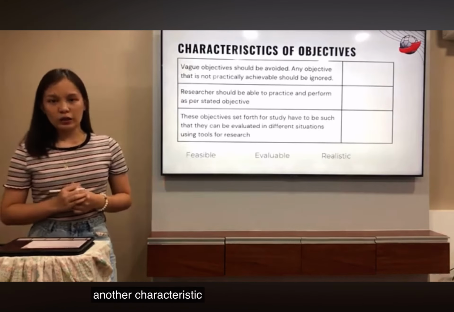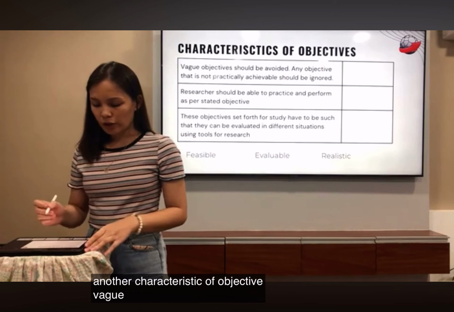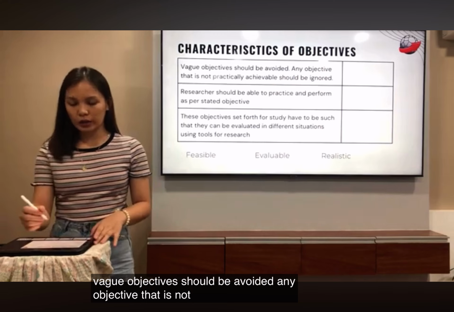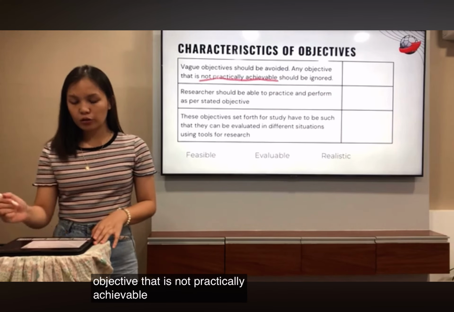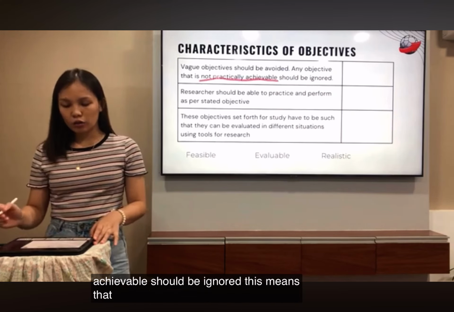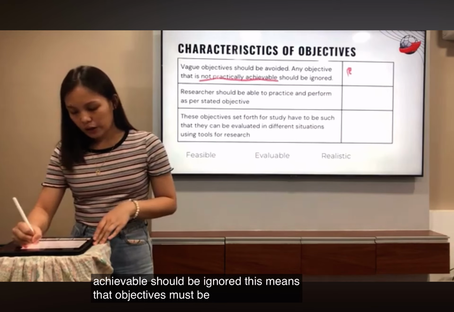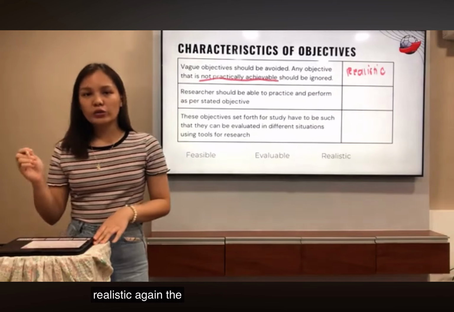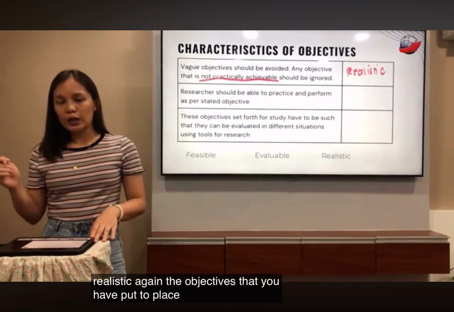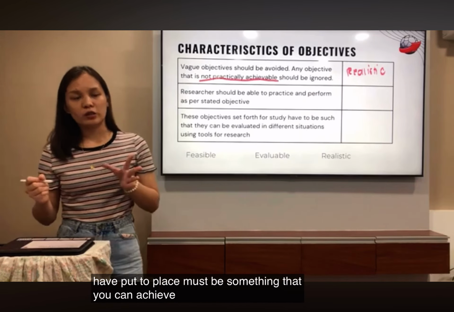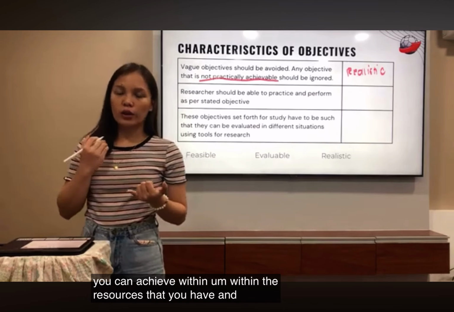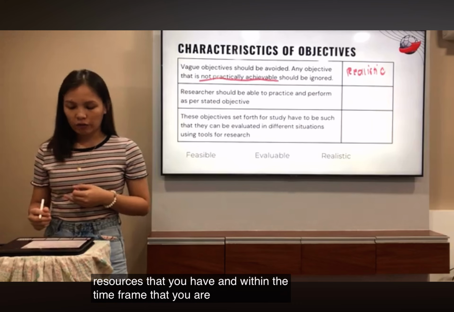Another characteristic of objectives: vague objectives should be avoided. Any objective that is not practically achievable should be ignored. This means that objectives must be realistic. Again, the objectives that you have put in place must be something that you can achieve within the resources that you have and within the time frame that you are given.